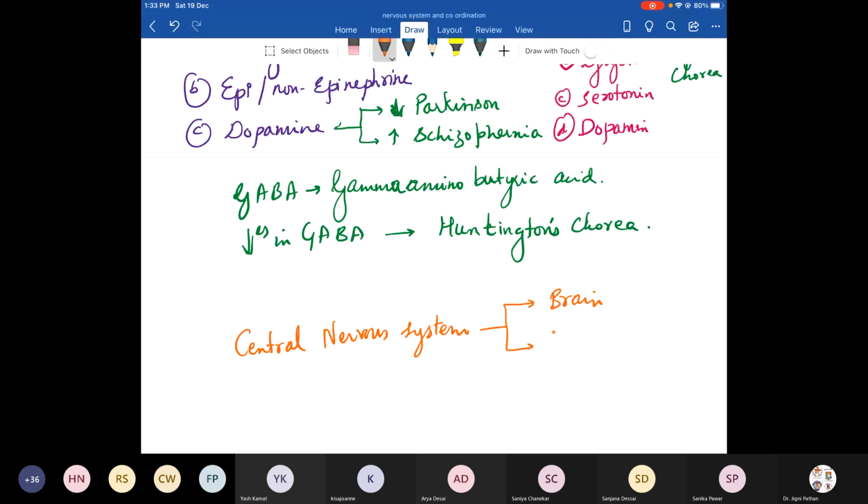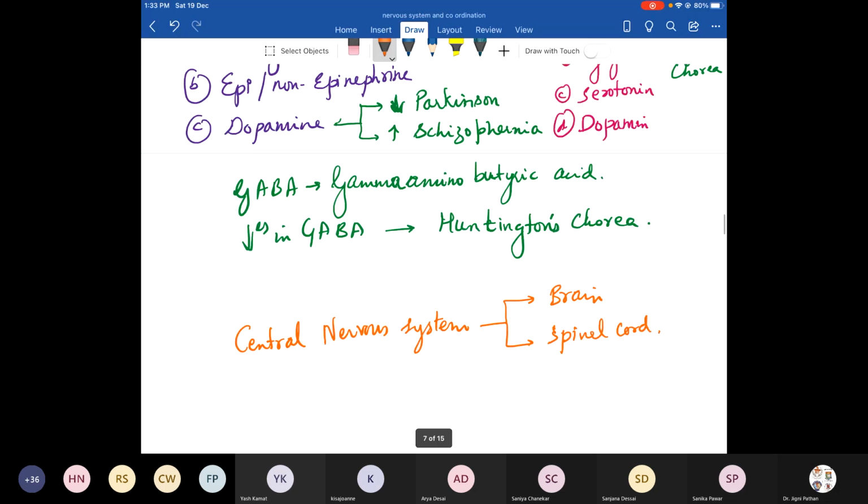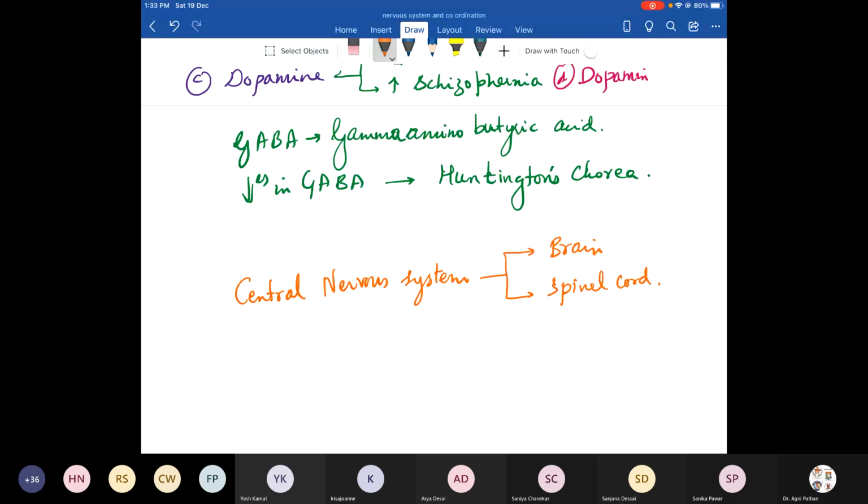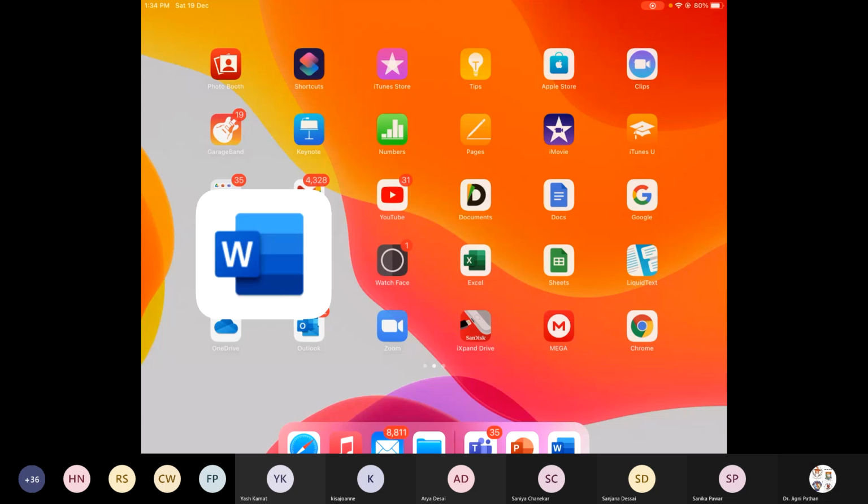Let us discuss central, then we'll go to peripheral, okay? Both have four common characters. So we'll first study the four common characters found in brain and also in the spinal cord, then we'll study brain and spinal cord separately.